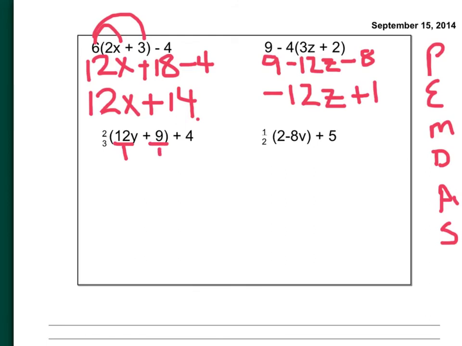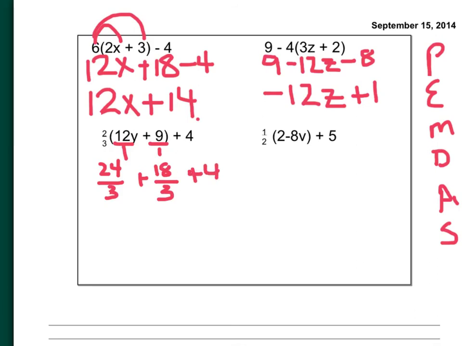So when we're multiplying fractions, we multiply numerator times numerator, which will be 12 times 2 gives us 24. And 3 times 1 gives us 3. Plus 9 times 2 gives us 18. And 3 times 1 gives us 3. And then bring down the plus 4.